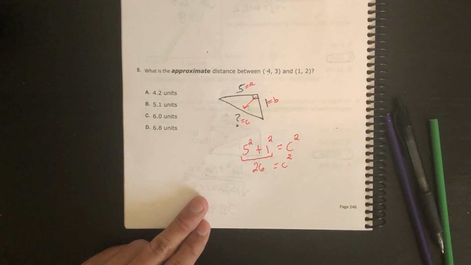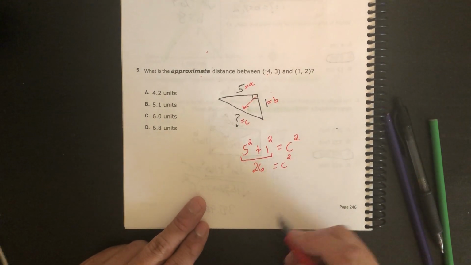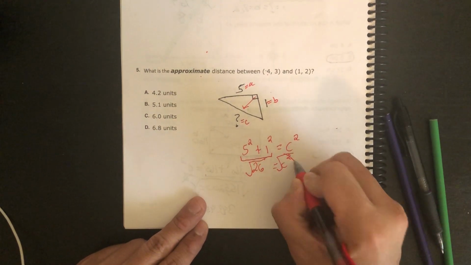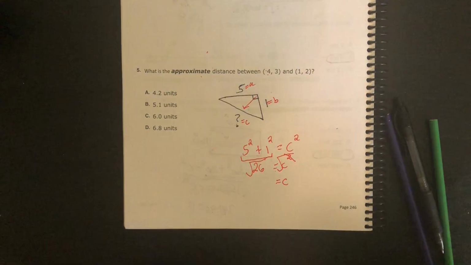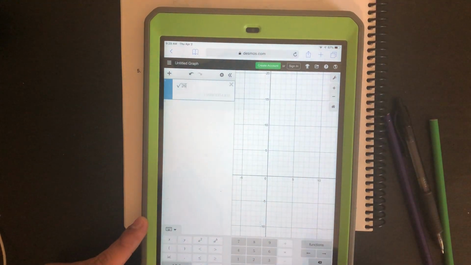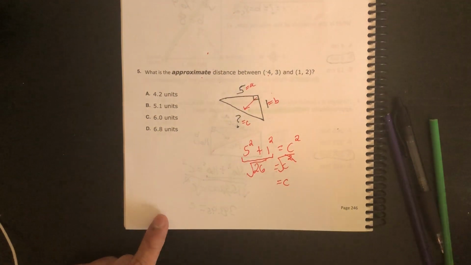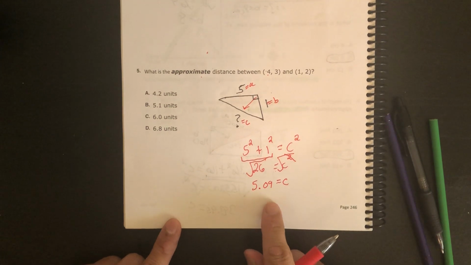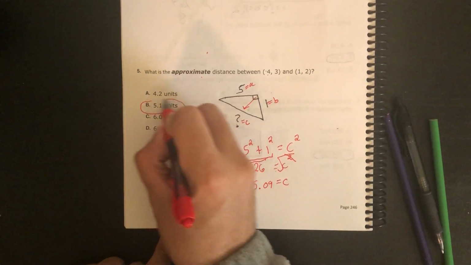And you can use Desmos to double check that I did that correctly. Then the opposite of a square is square root. So the square root of 26, let's see what we get. Square root of 26, and we get 5.09. Clearly that rounds to answer choice B, 5.1.